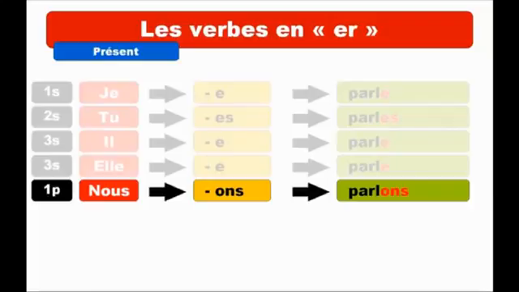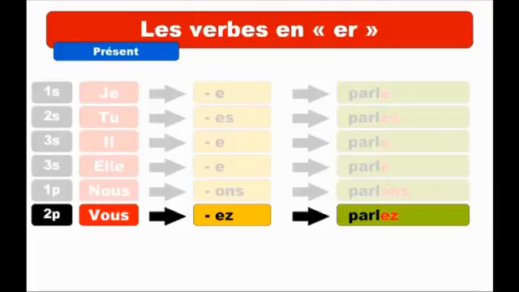So it's only the sound on at the end of this verb. So nous parlons. And for vous, you will get the ending ez, and it's pronounced e, okay? So you'll get vous parlez.